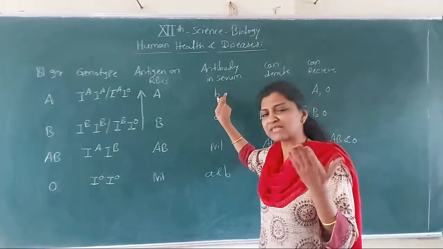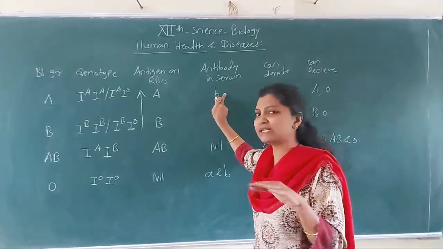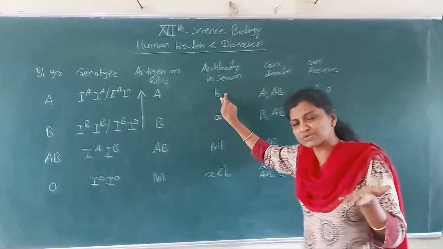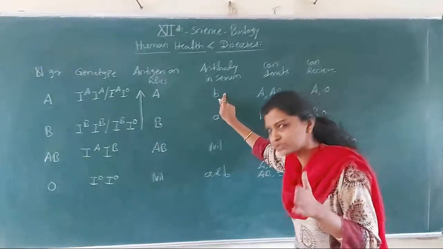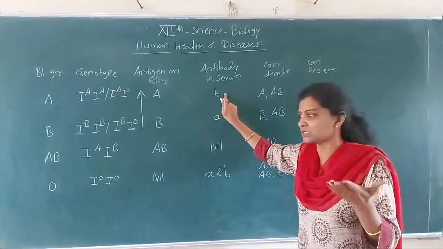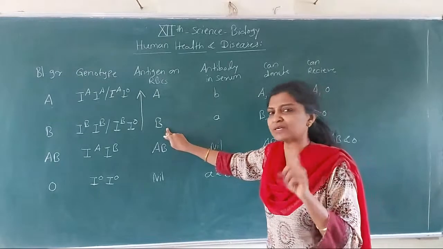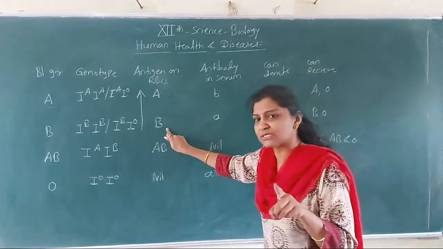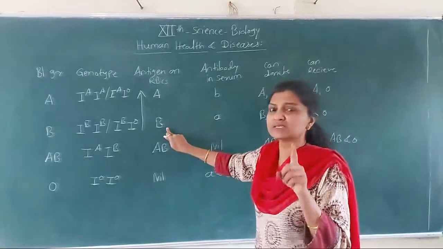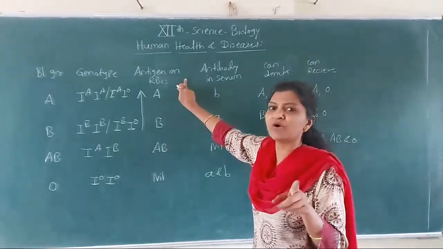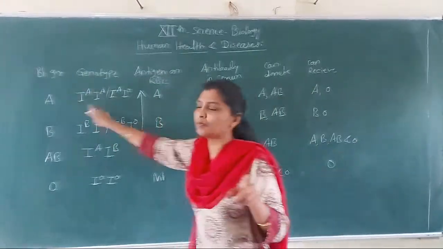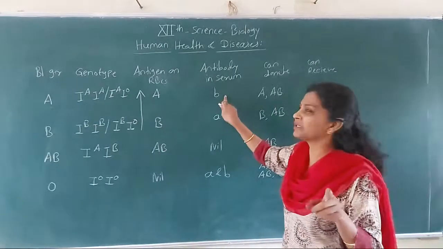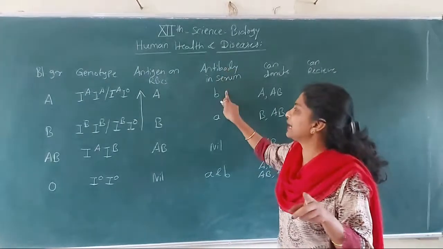आपल्याला माहिती आहे what is antigen and antibody. What is antigen? These are foreign substances which stimulate the immune system for the production of antibodies. So here is the antigen which is present on the surface of RBCs. These antigens stimulate the immune system of the A blood group person, and there is a formation of B antibodies.